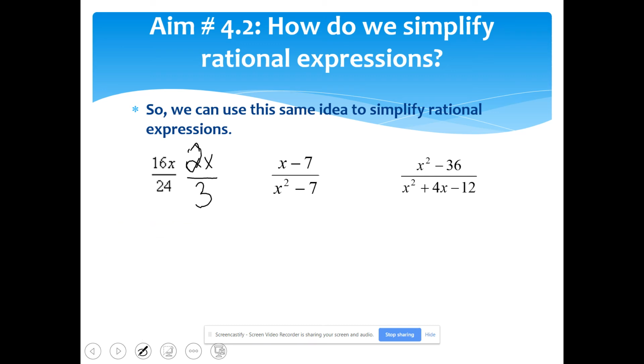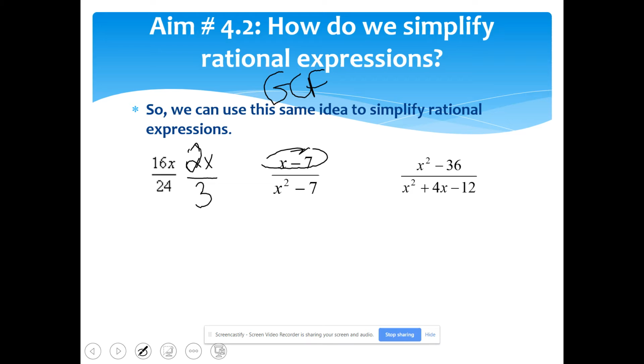These 7s are attached by the subtraction. So the only way that I could simplify these is if I can factor. Remember, when we're factoring, the very first thing we check for is a greatest common factor, and then we look at our other methods of factoring to see if they work. On the top part here, x minus 7, there is no common factor besides 1, so there's nothing I can pull out to reduce it.